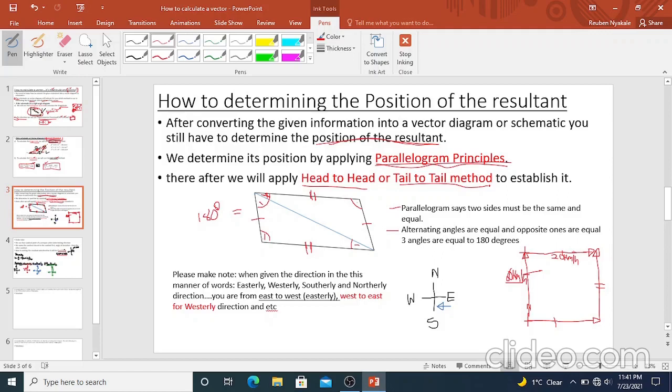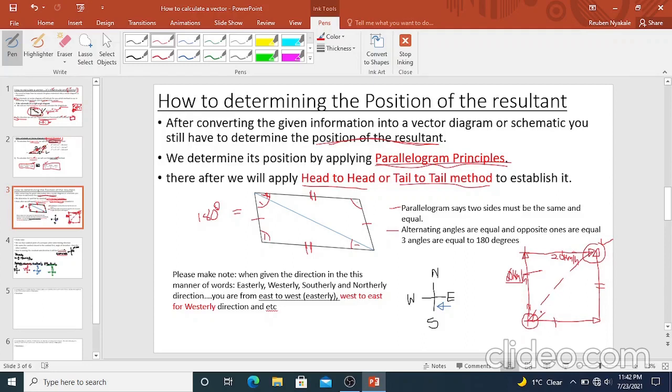If you check, this is where the head-to-head is. This is where the tail-to-tail is. When you see the head-to-head and the tail-to-tail, you know this is where your resultant should be.